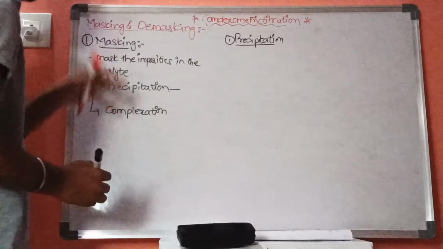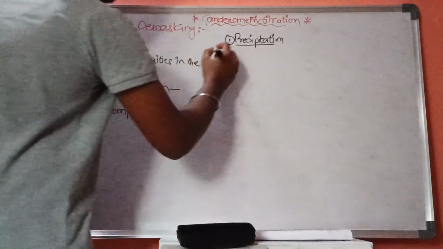In the precipitation method, we use 5 different types of masking agents.